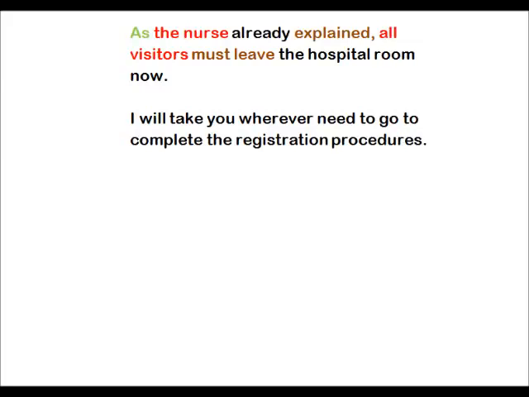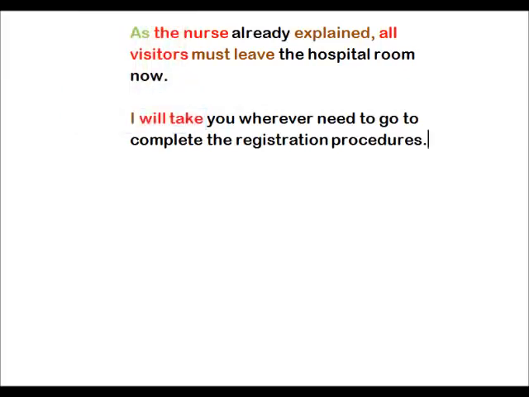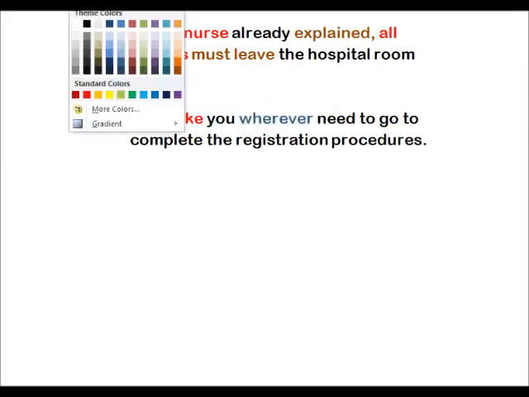Now let's analyze this together. Now we've got I, and I is a subject. Then we have will take, and will take is a verb. So I've got subject verb, and then we have wherever, which is a connector.